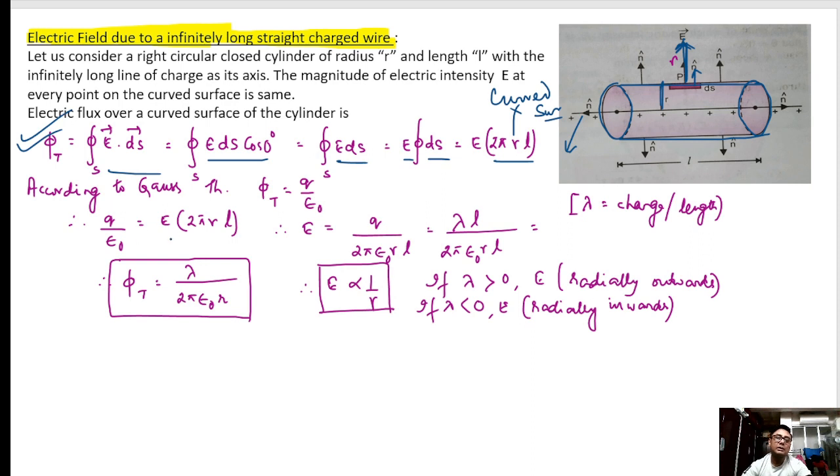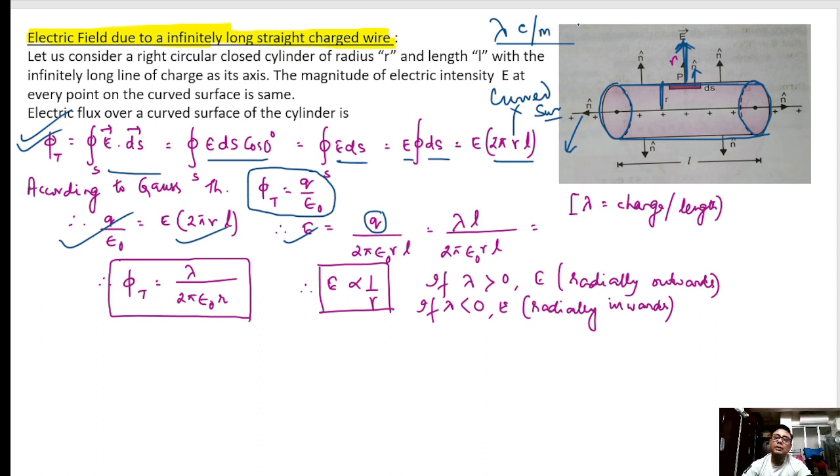But Gauss told that the total flux coming out will be Q by epsilon o. So we equate these two and find Q. Now what is Q? Q is the total charge, and let the charge per unit length, coulomb per meter, be lambda.